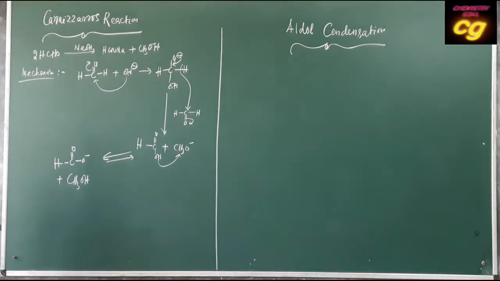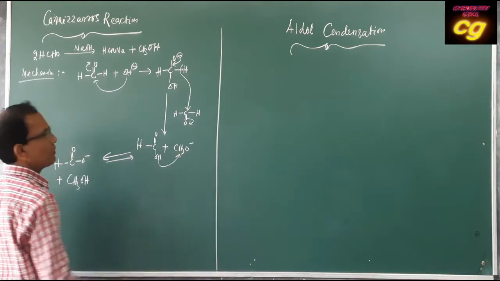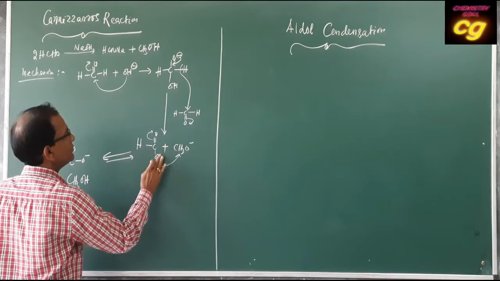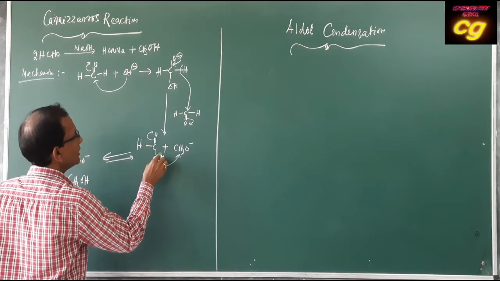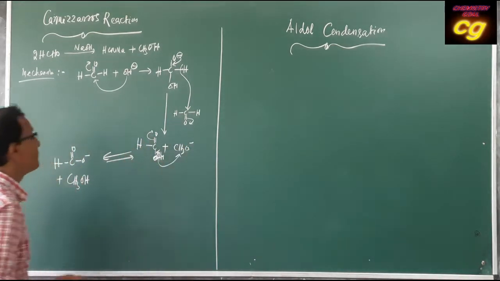So here when H plus shifts to this, it forms a double bond, then I'm breaking this. If you write like this, OH, the H will be added to this.